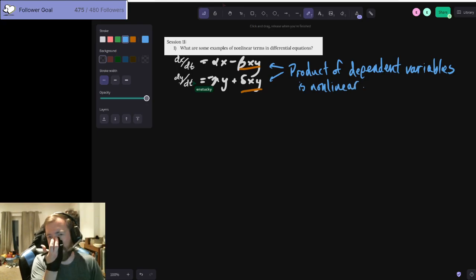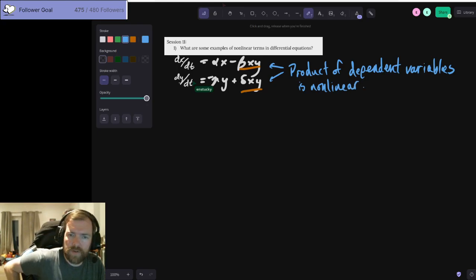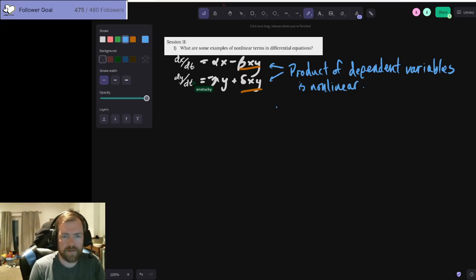Okay. So product of dependent variables is going to be nonlinear. We said that it was going to have to be linear in what?